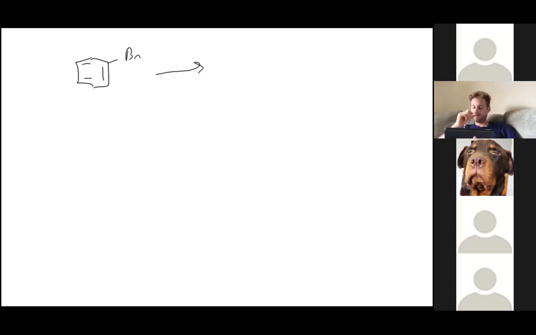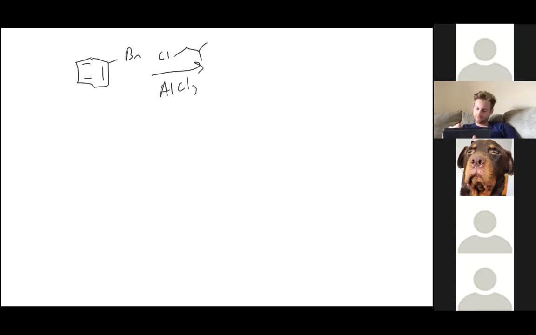We took bromobenzene, we added in this alkyl halide.